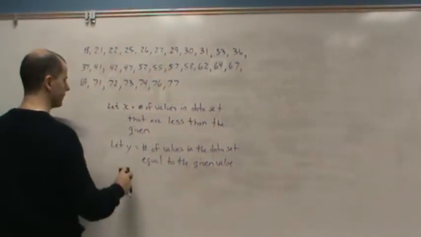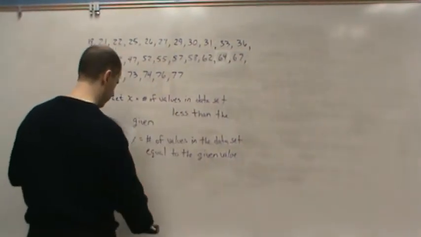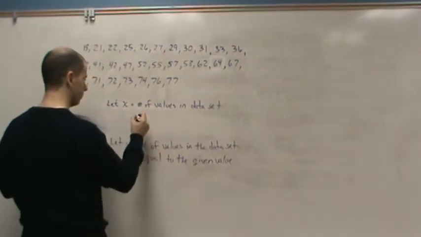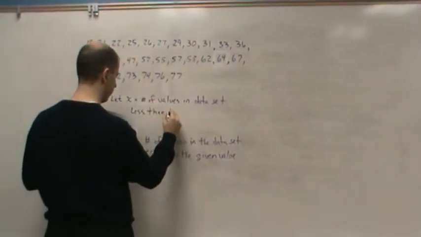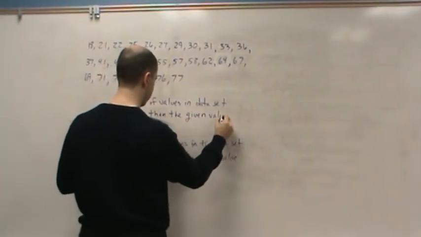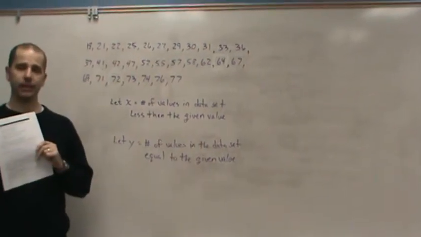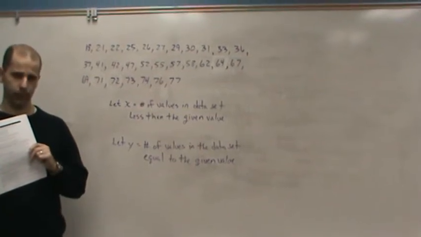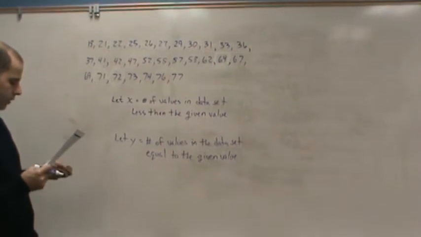So x is the number of values in the data set less than the given value, and y represents the number of values in the data set that are equal to the given value, whatever the given value is.